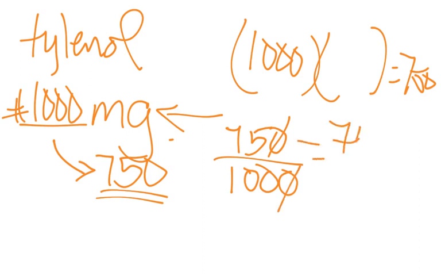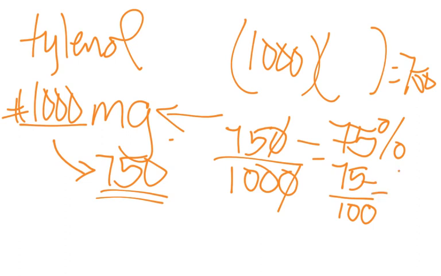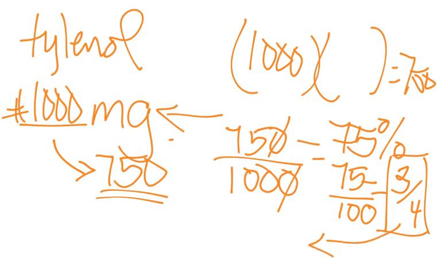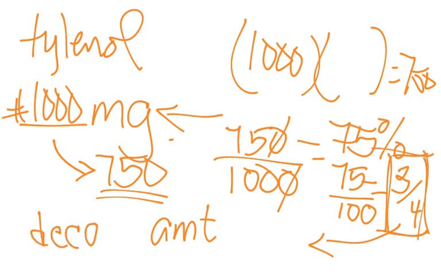This is 75%, or 75 over 100, or 3/4. So right there, that is my amount. That is right, because that is what is left. This is my decay factor.